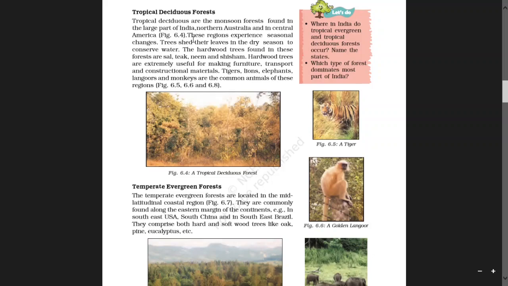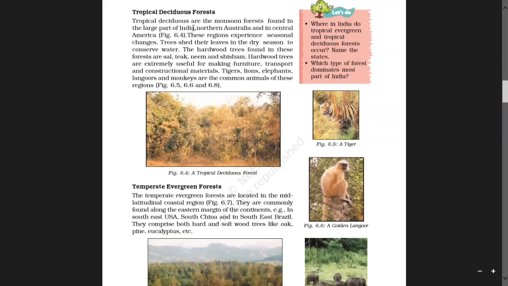Okay, those areas which have monsoon, in those areas these tropical deciduous forests grow. Found in the large part of India, northern Australia, and in Central America. See figure 6.4, and then you can compare this tropical evergreen forest and tropical deciduous forest.